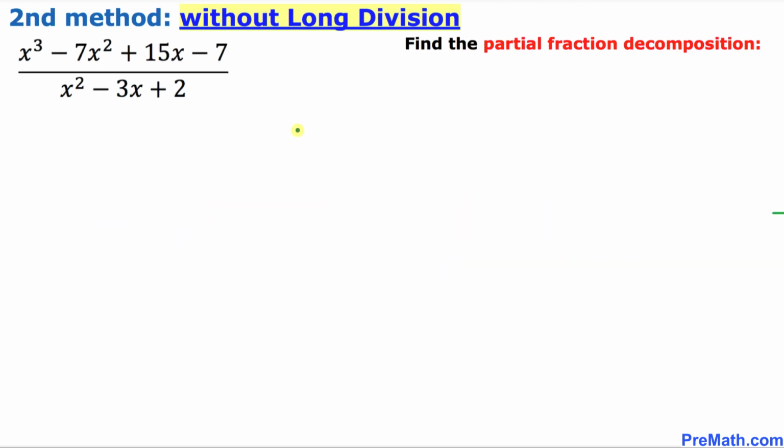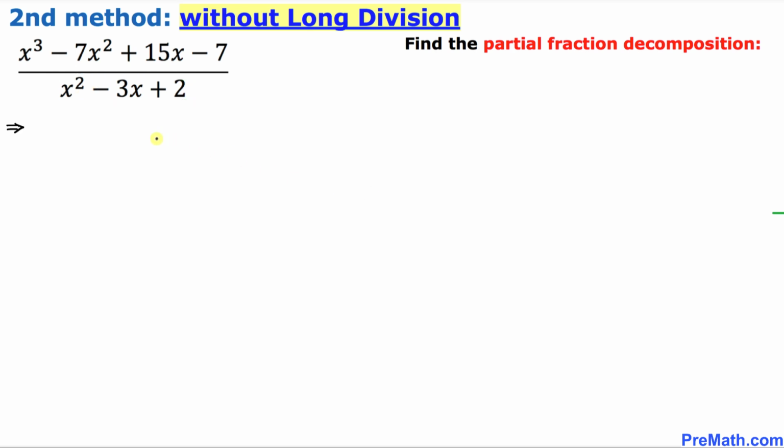And here is the alternative method without long division, and we are going to perform the partial fraction decomposition of this rational expression. Before we get started, let's focus on this denominator, and we can see that this quadratic can easily be factored.